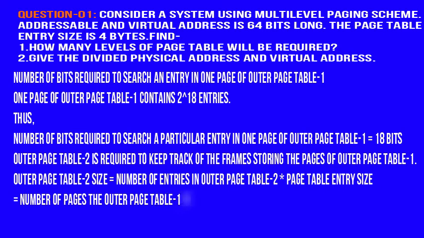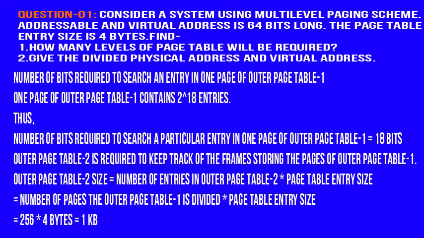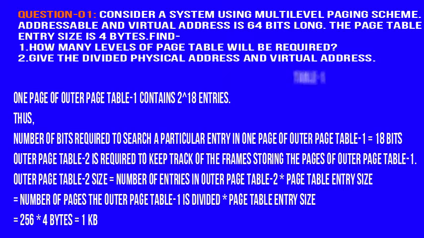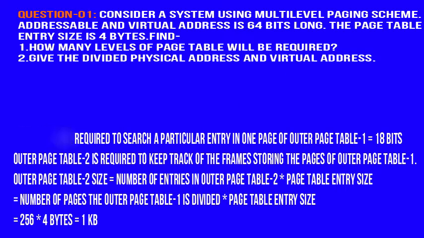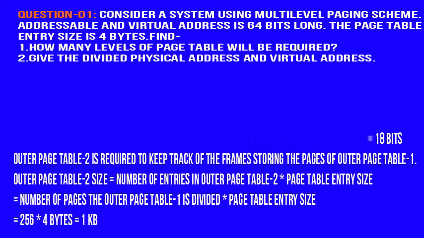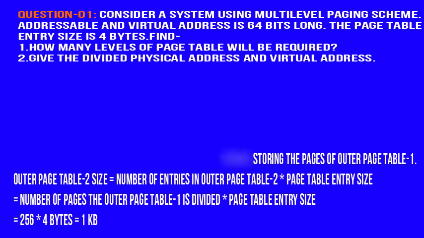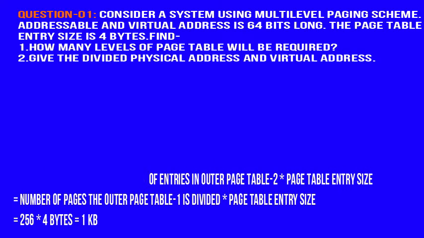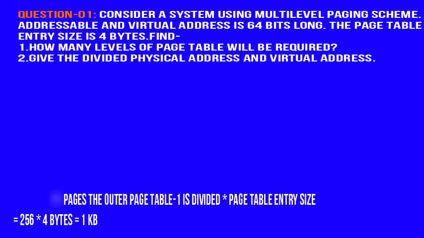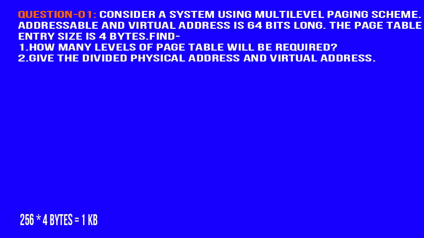Outer page table 2 is required to keep track of the frames storing the pages of outer page table 1. Outer page table 2 size equals the number of entries in outer page table 2 times the page table entry size. It means the number of pages the outer page table is divided into, times the page table entry size: 256 times 4 bytes equals 1 kilobyte.